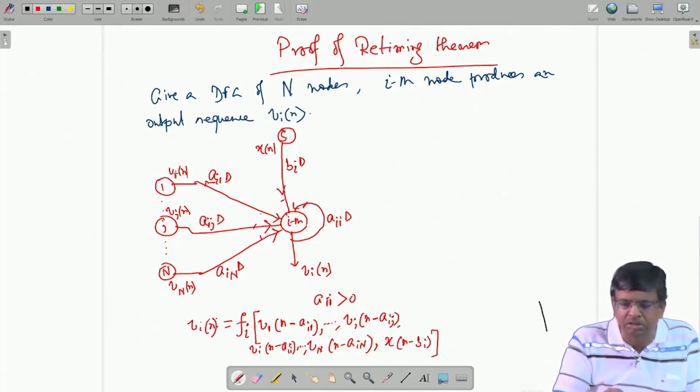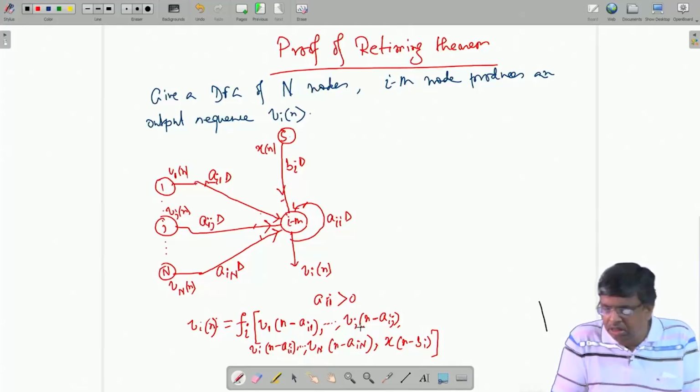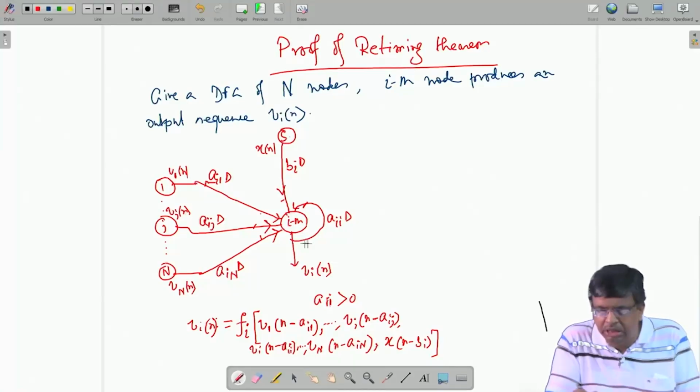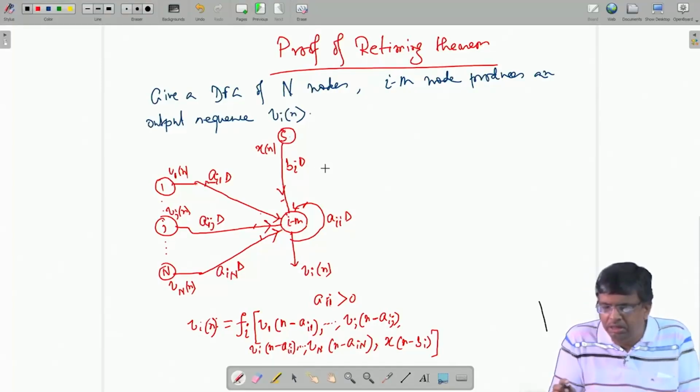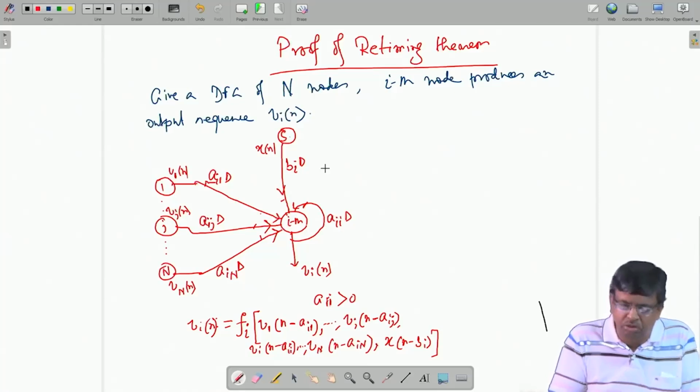So, here the incoming components are V1[n - a_i1], ..., Vj[n - a_ij], ..., VN[n - a_iN], ..., Vi[n - a_ii] and the input x[n - b_i]. This is what it is producing, and that is done not only at the ith node, it could be node 1, so it is V1[n], it could be node 2, that is V2[n], and so on. This describes the DFG, the general structure of the DFG.